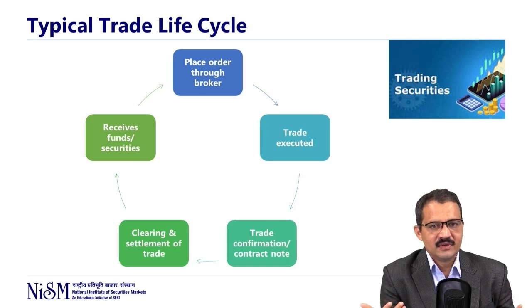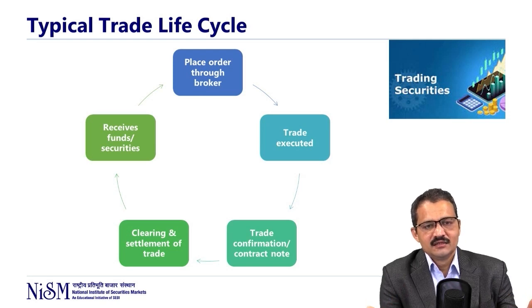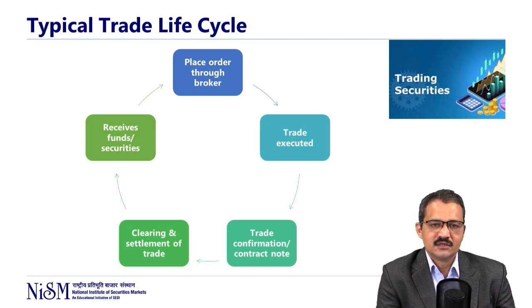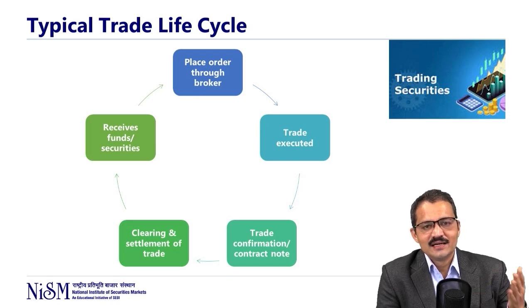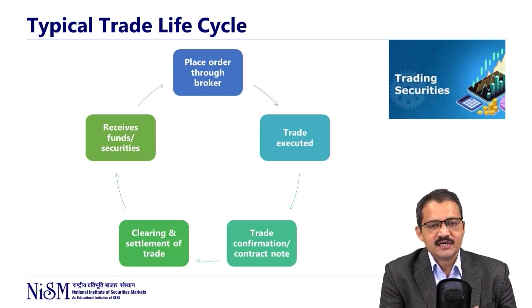The order placement and trade execution we have already covered when we covered the secondary market trading side. And then there will be clearing and settlement, which happens through the clearing corporation. This will be our major session today, covering clearing and settlement and then transferring funds and securities to the end client. So this is the typical trade life cycle.